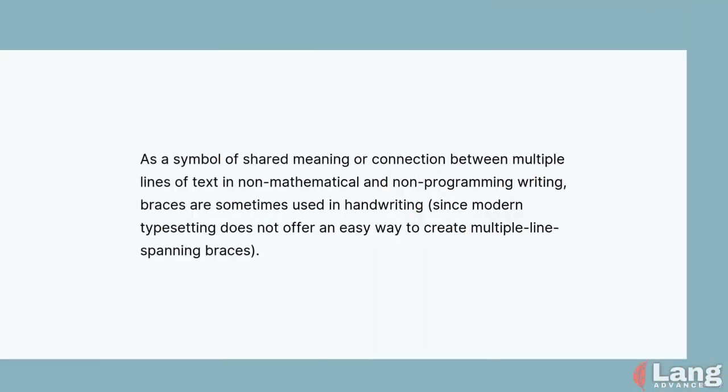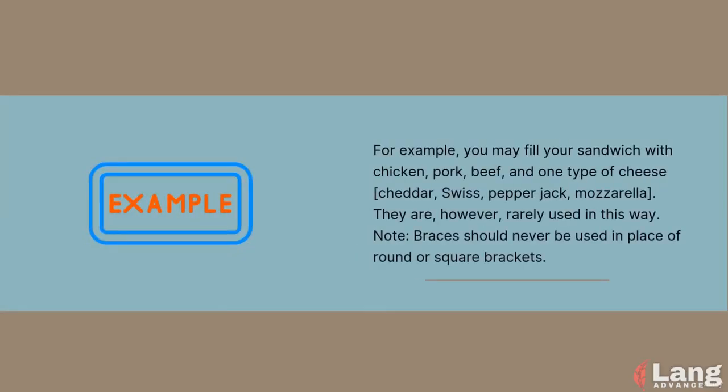As a symbol of shared meaning or connection between multiple lines of text in non-mathematical and non-programming writing, braces are sometimes used in handwriting, since modern typesetting does not offer an easy way to create multiple line-spanning braces. For example, you may fill your sandwich with chicken, pork, beef, and one type of cheese: cheddar, Swiss, pepper jack, mozzarella. They are, however, rarely used in this way. Note, braces should never be used in place of round or square brackets.